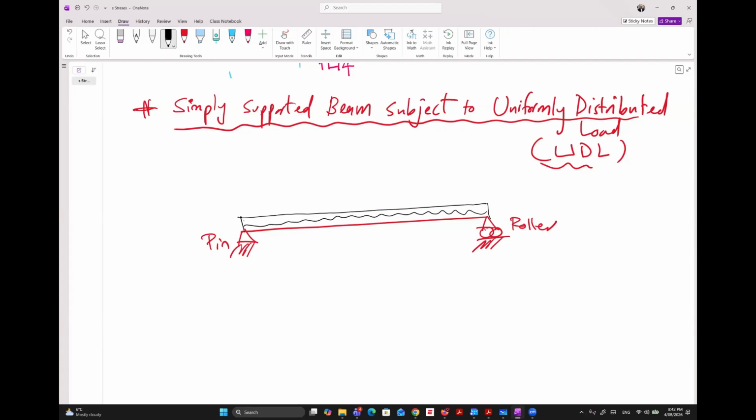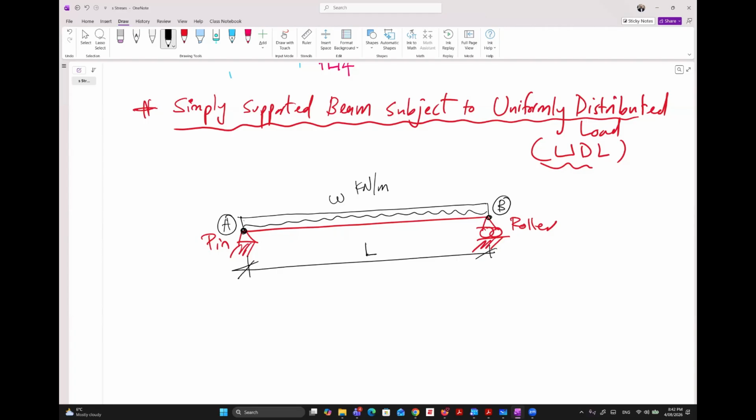Uniform means the load has the same value over the length, or the span, of the beam. I will call it W in kilonewton per meter. So this is our beam span, L. This is point A, this is point B.